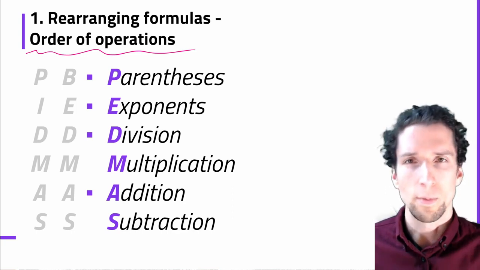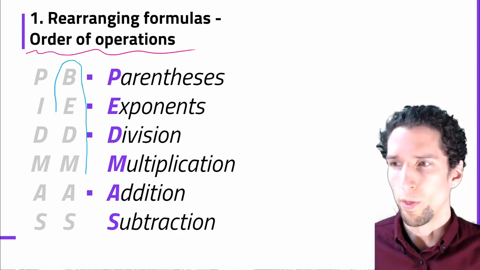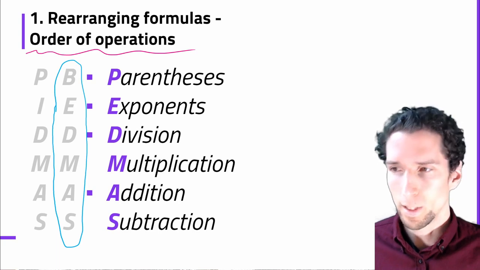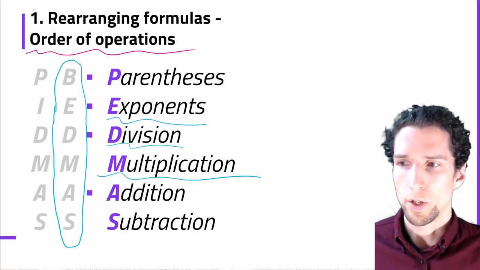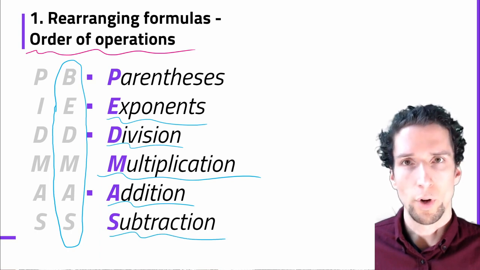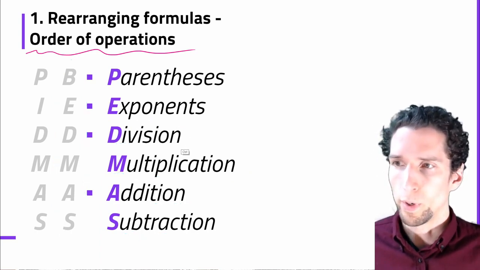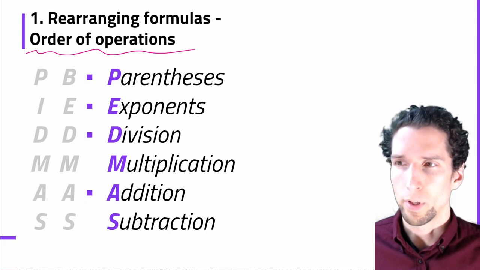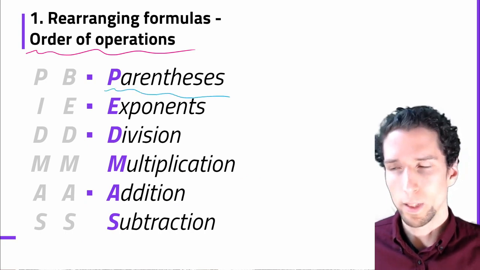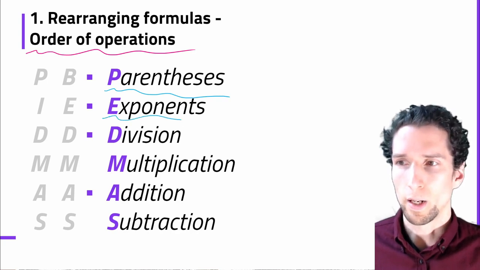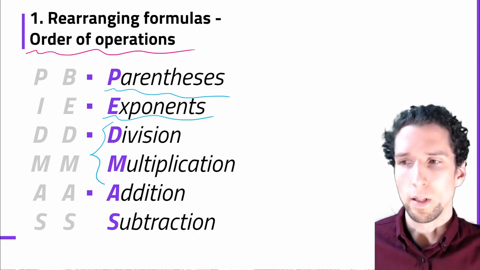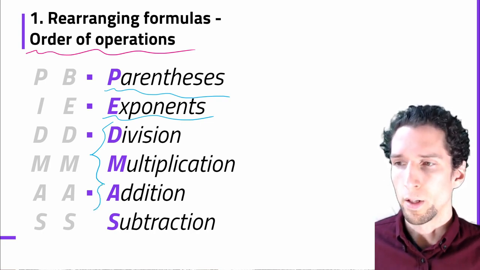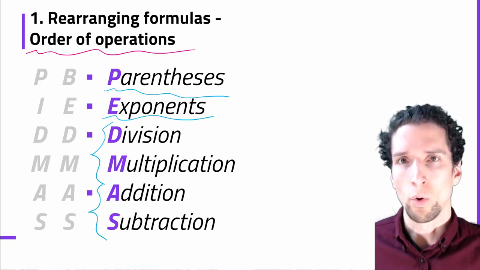A few different ways. When I was a child growing up, I learned BEDMAS, B-E-D-M-A-S, for brackets, and then exponents, division, multiplication, addition, and subtraction. The British style, which I prefer because of the term parentheses, is PEDMAS, so parentheses first and then exponents, and then division and multiplication together in the order that they appear, and addition and subtraction together in the order that they appear.